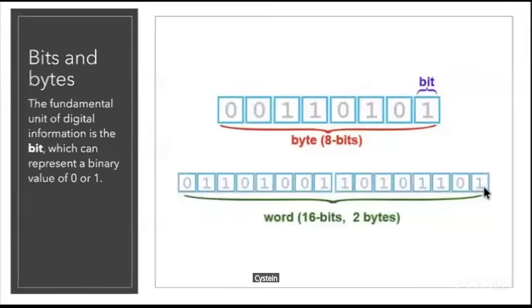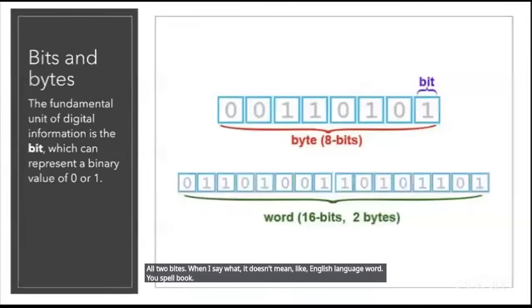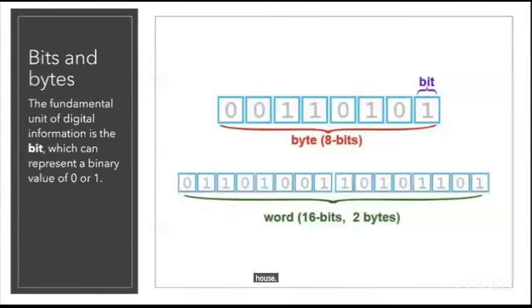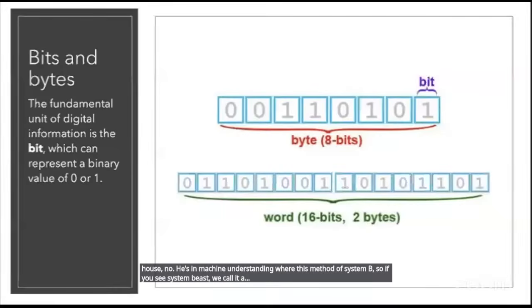So a word is made up of 16 bits or 2 bytes. When I say word, it doesn't mean an English language word, like you spell book, house. No. It's in machine understanding. A word is made up of 16 bits. So if you see 16 bits, we call it a word. If you see 2 bytes, we call it a word too.